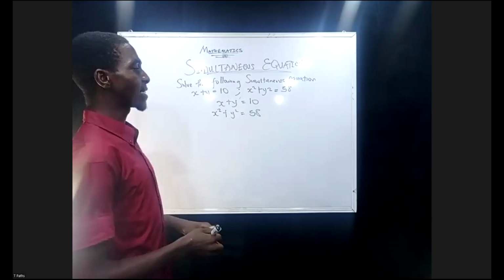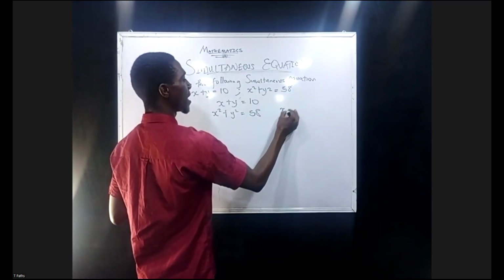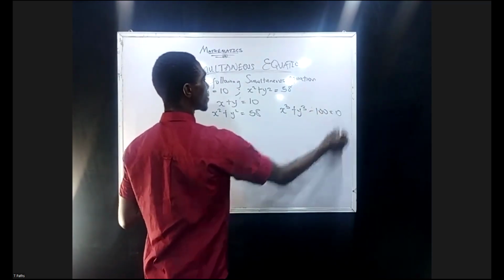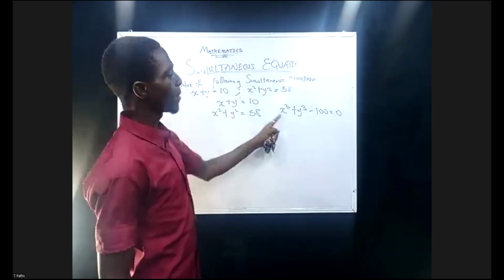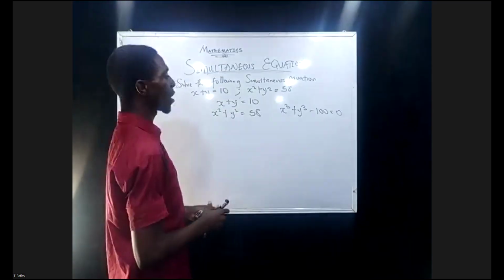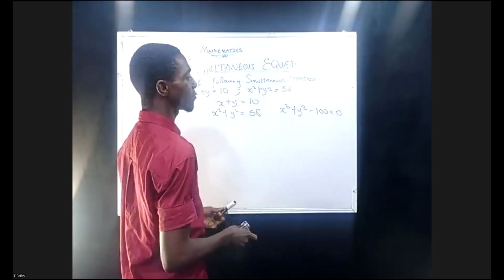For instance, let me bring to your notice, if we have another equation having x cubed plus y cubed minus 100 equals 0, then you know what? The power here is increased by 1. So the highest power here is 3. So we call this one not a linear, not a quadratic, but a cubic equation.